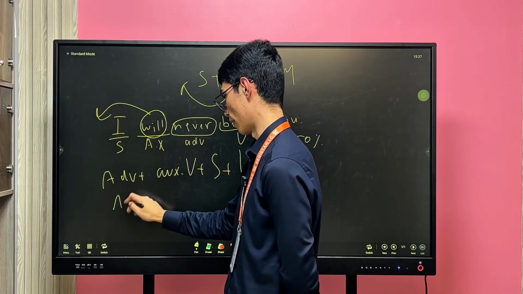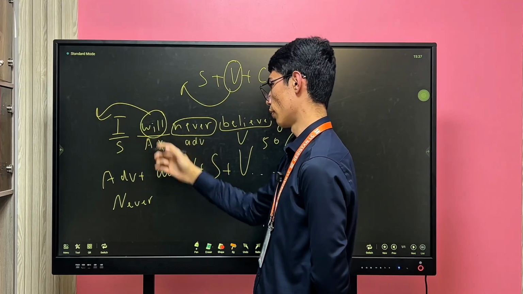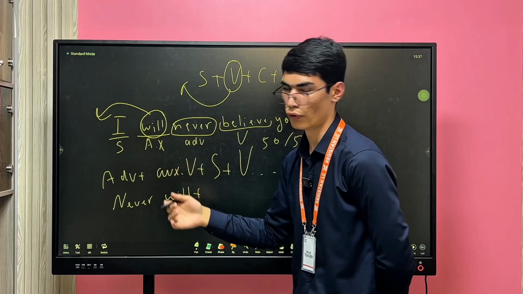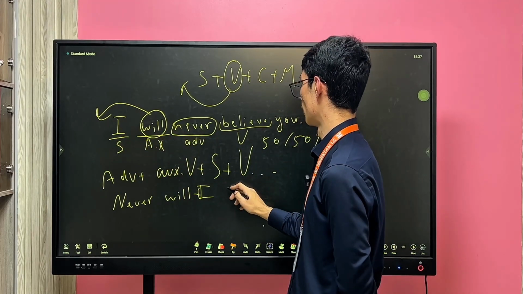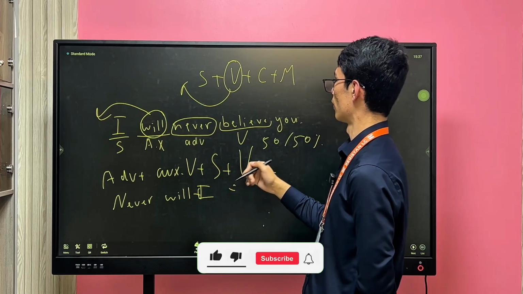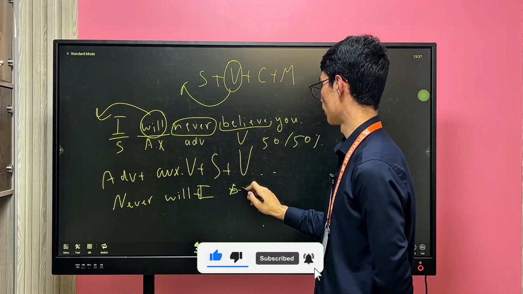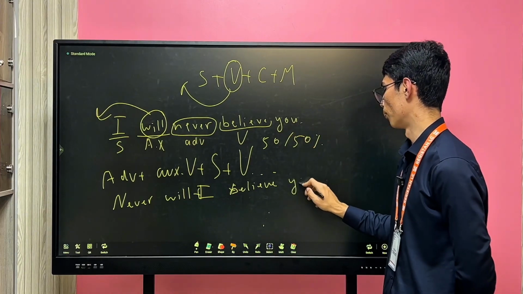So here it's never, plus auxiliary verb. Our auxiliary verb here is will, plus our subject. What is the subject here? It's I, right? And plus our verb. What is the verb here? It's believe. Here we will write believe and our complement, you.